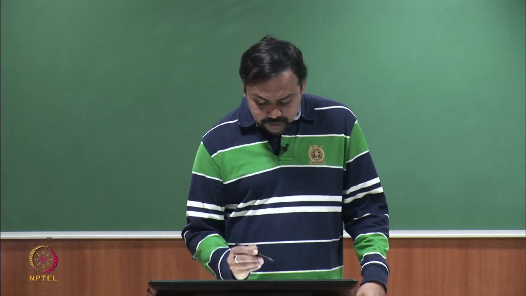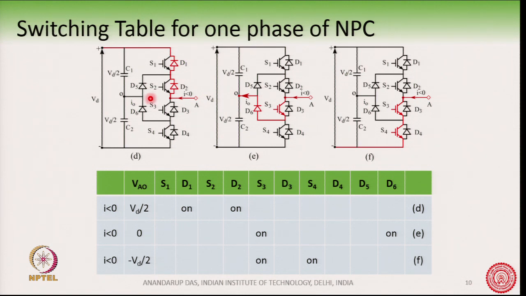So, suppose the current is now flowing inside the converter, and during that time if I want to have plus Vd by 2 on A with respect to point O, then I will give pulses to S1 and S2, but since the current is going inside, the diodes D1 and D2 will start to conduct.